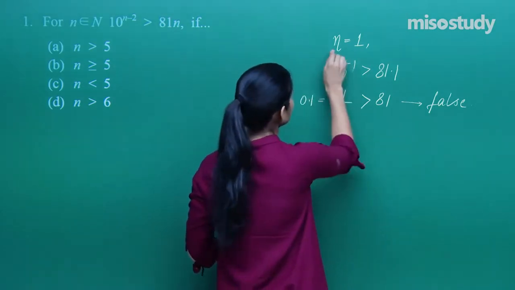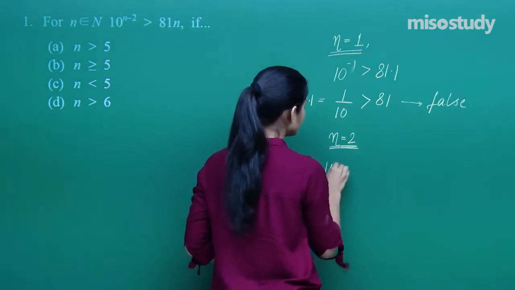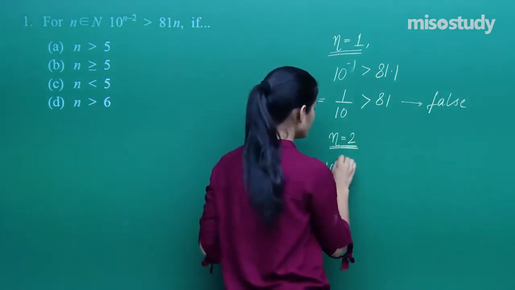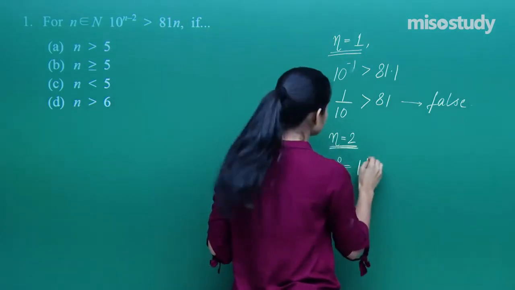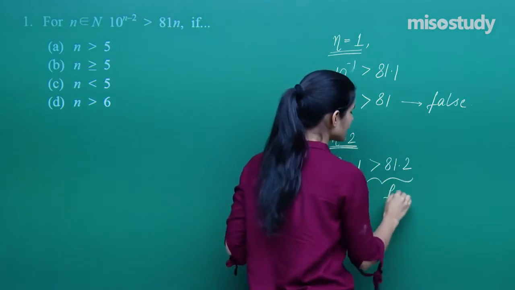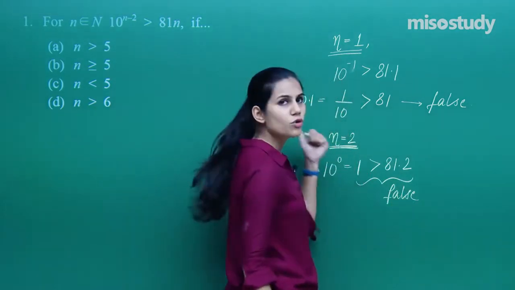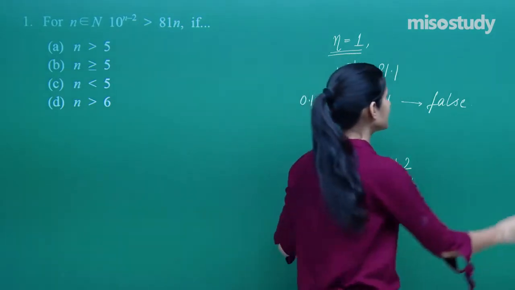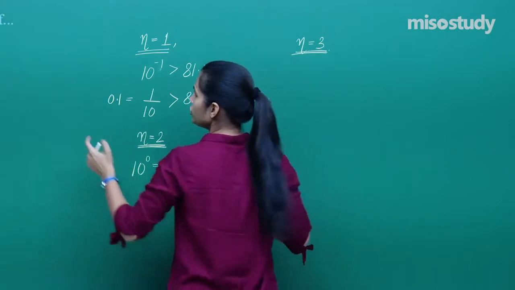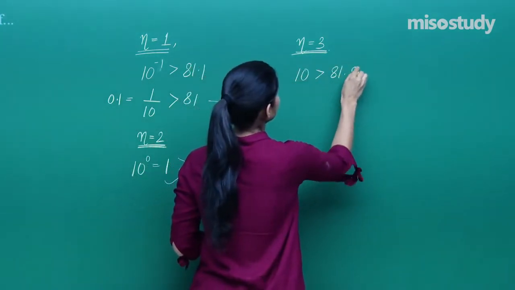For n equals 2, it is 10 to the power 2 minus 2, that is 10 to the power 0, which is 1, is greater than 81 into 2. This is obviously false. For n equals 3, you have 10 to the power 3 minus 2, which is 10 to the power 1, is greater than 81 into 3.